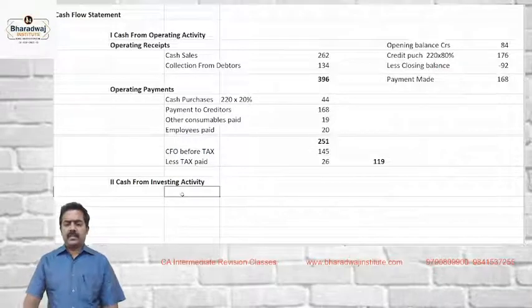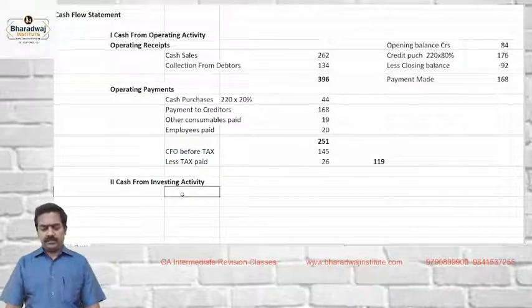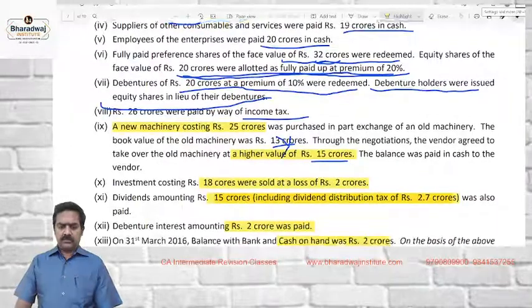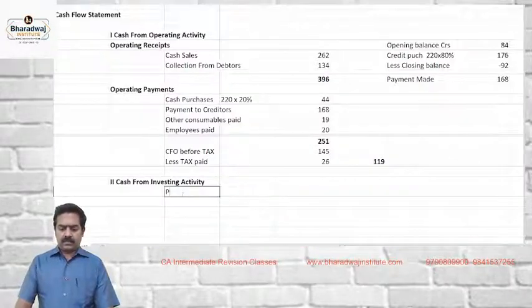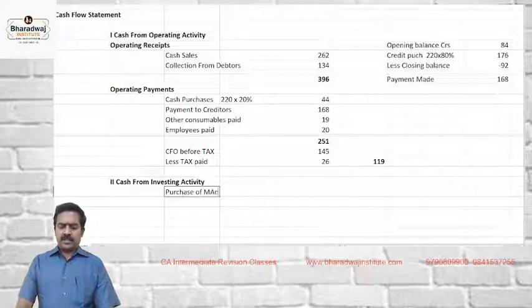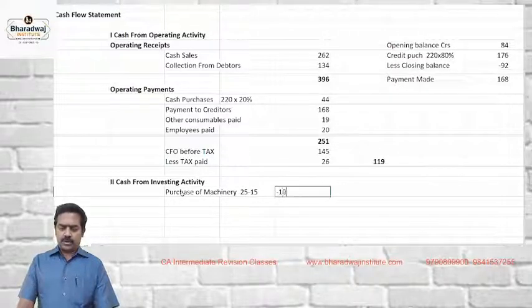Cash from investing activity. Purchase of machinery, the cash component, 25 minus 15, how much we pay net? 10 crores.